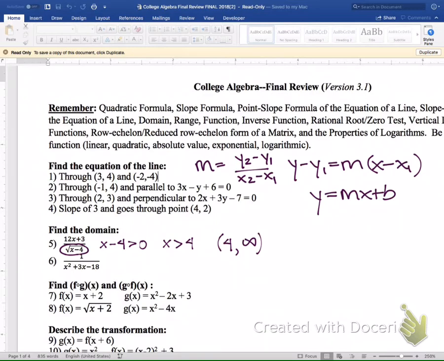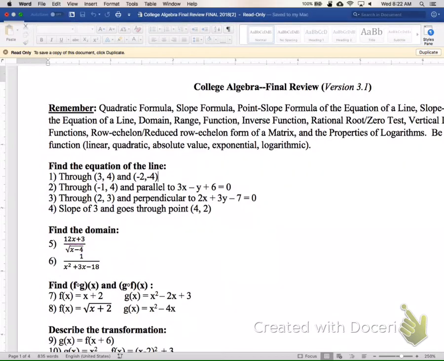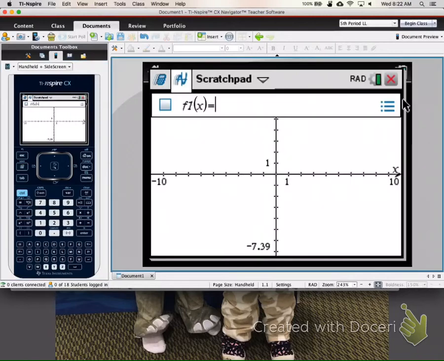You will have a calculator on that, so if all else fails on those, graph them and see what they look like. So let me just grab my calculator on that one. I can show you what I mean by that. On your calculator graph, you can always graph what that looks like to see.